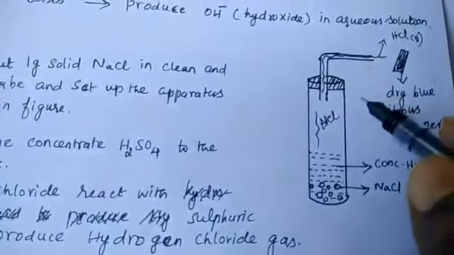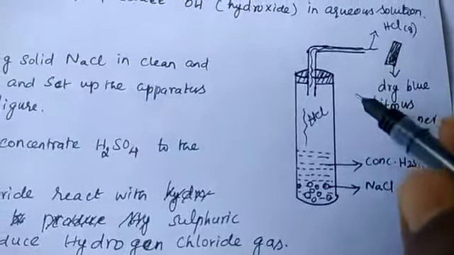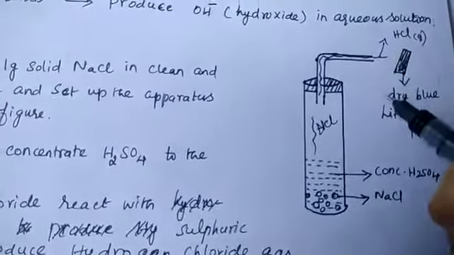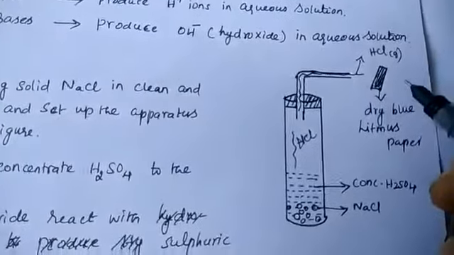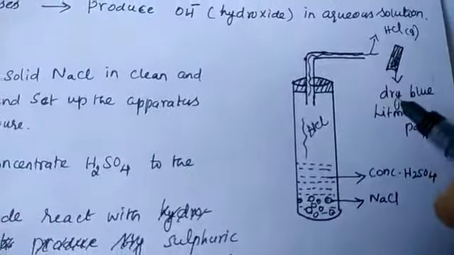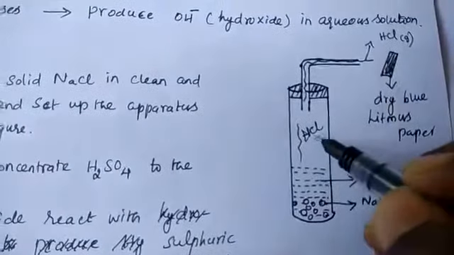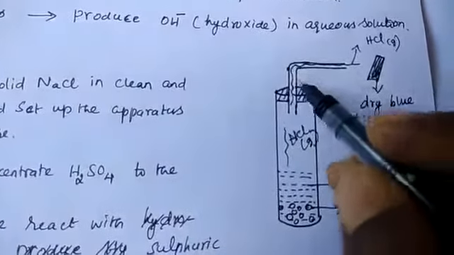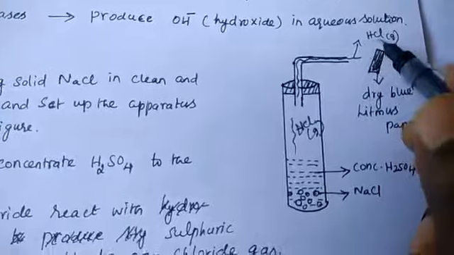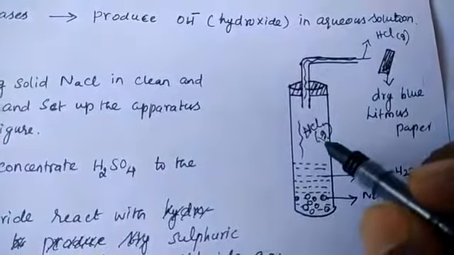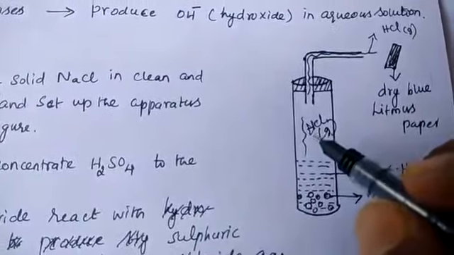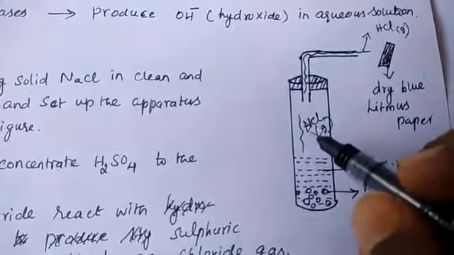In the previous class we learned about indicators: acid changes the color from blue to red litmus paper. Here, with dry blue litmus paper and HCl gas, the color does not change, because in a gaseous state hydrochloric acid does not produce H plus ion.